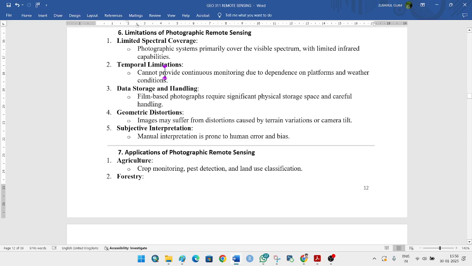It's not continuous like satellite remote sensing. You also need data storage, and there is geometric distortion also. So these are the limitations.